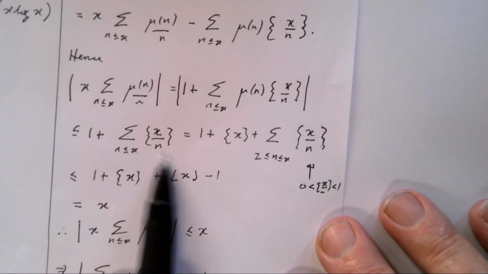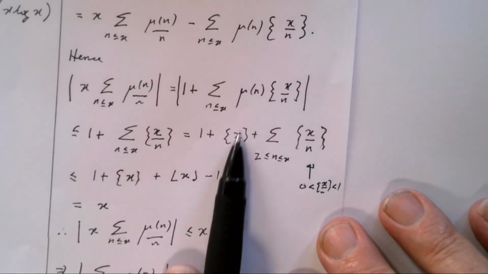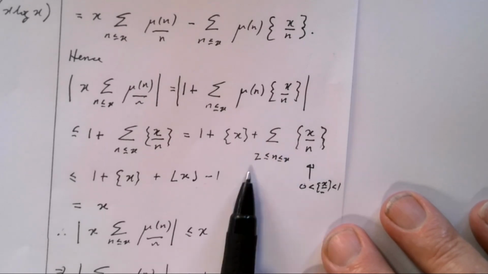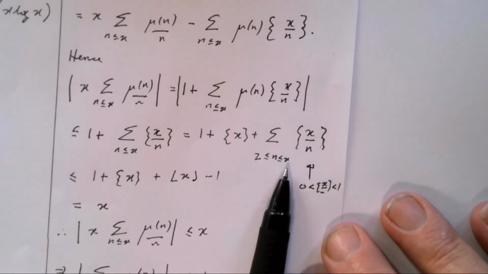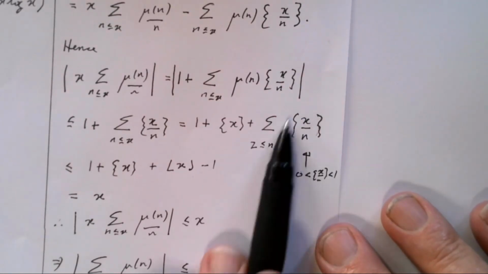Now I put n to be 1, so I get the fractional part of x on 1, plus I've got the tail, which are the fractional parts of x on n, where n goes from 2 up to x. Now remember, each of these numbers is less than 1.